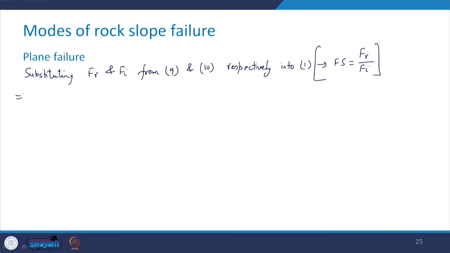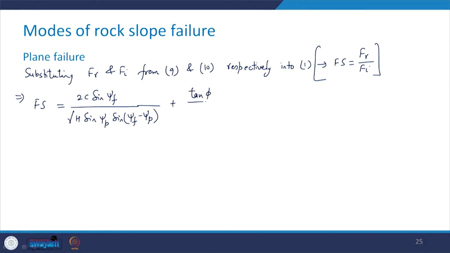So, we can get Fs as 2c sin psi f upon gamma h sin psi p sin psi f minus psi p, plus tan of phi divided by tan of psi p. This equation will be equation number 11.